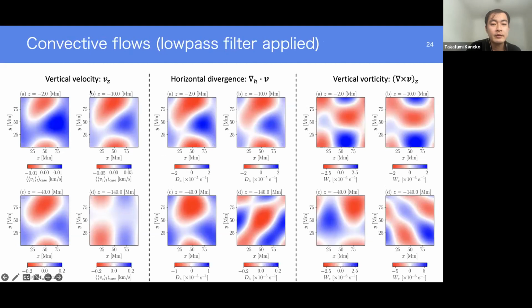For example, if a low-pass filter is applied, the small tiny structures are removed, and only the larger structures are extracted. And again, we calculated the correlation coefficient with the non-potential field distribution.